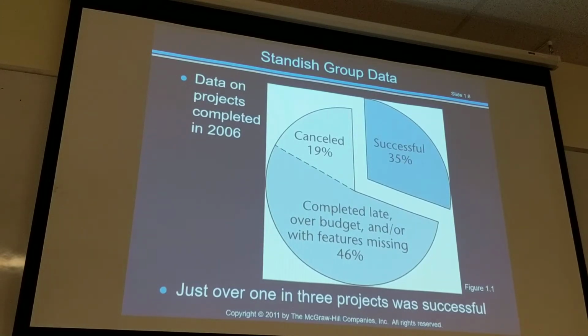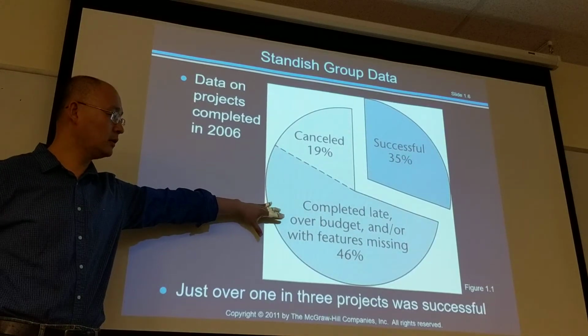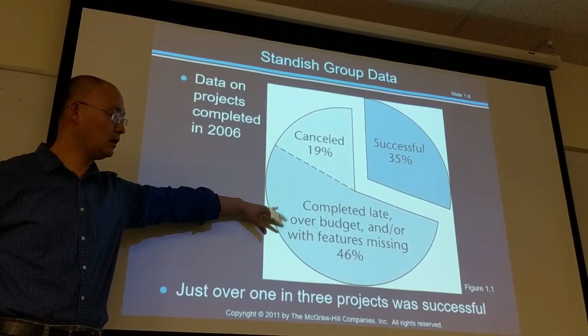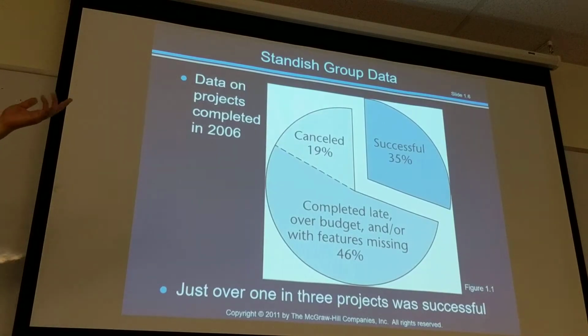When you see project cancellation and people getting laid off, a product failed: either canceled, over budget, late, or with features missing. It's very common. I think we are keeping around a 35% successful rate.